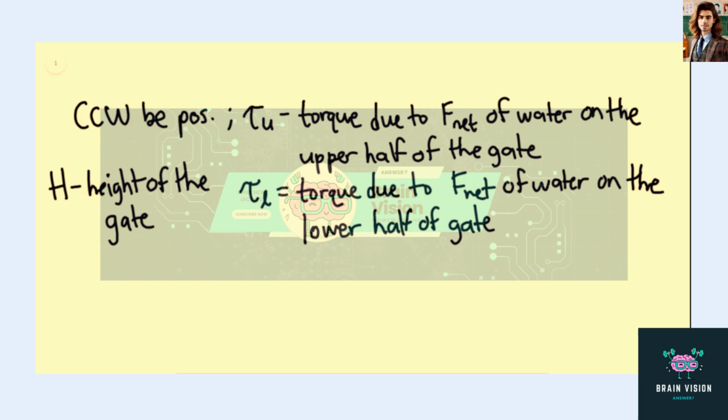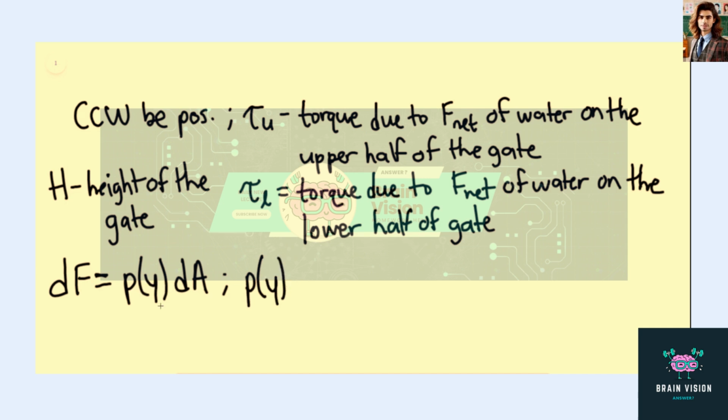So the net force on the upper strip of the gate, dF, would be equal to the pressure times the change in area, where the pressure in terms of y would be equal to the density times the acceleration due to gravity times y.